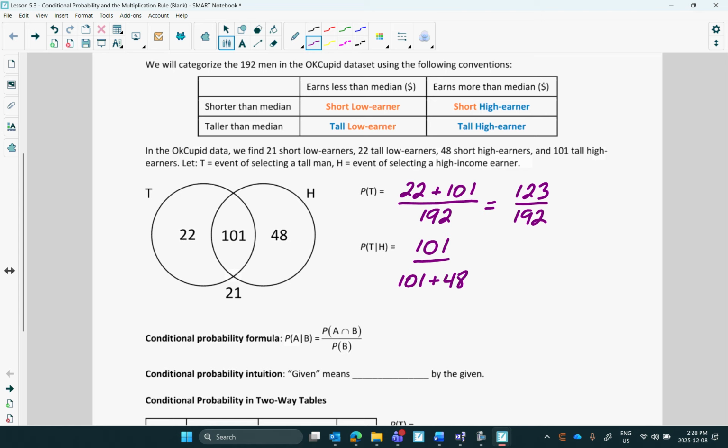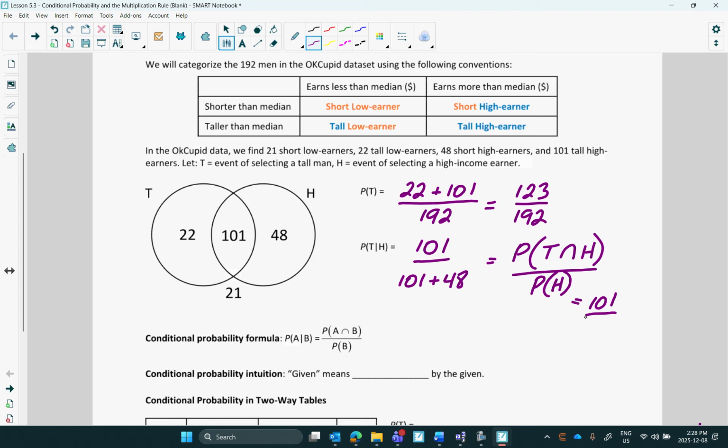Okay? So just as I said, the probability of selecting a tall man, given that he's a high earner, would be the probability that they're tall and a high earner over the probability that they're a high earner. And it would work out to this, which would be 101.